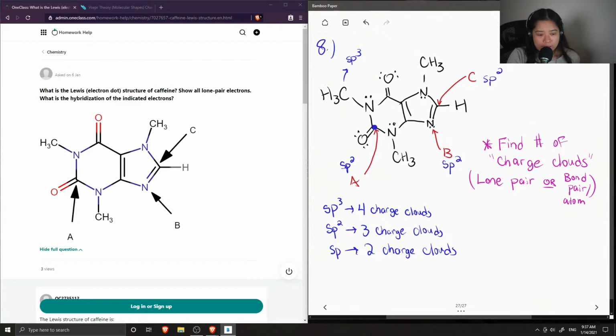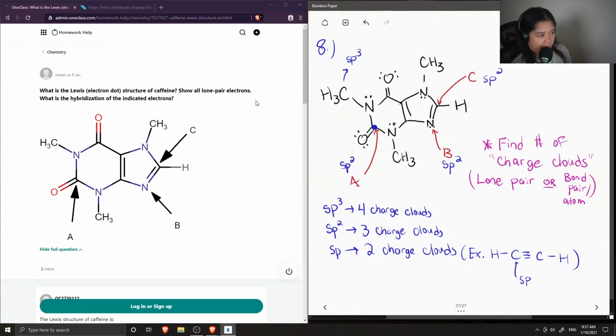And there's no example of any sp atoms, but an example, I'll just write one down here, would be if you had carbon that was triple bonded to another carbon. This central carbon has only 2 charge clouds, so this would just be sp.